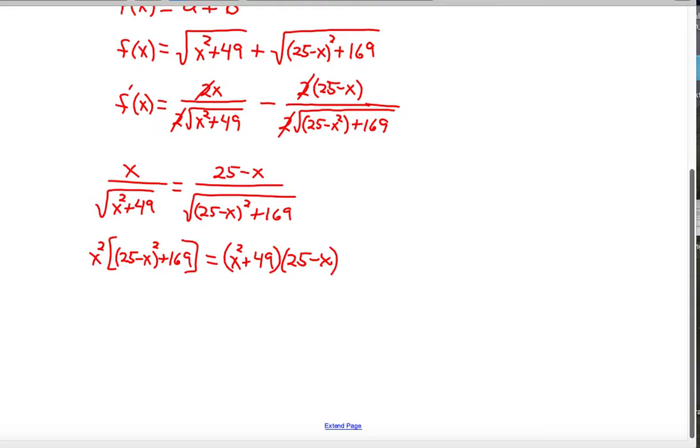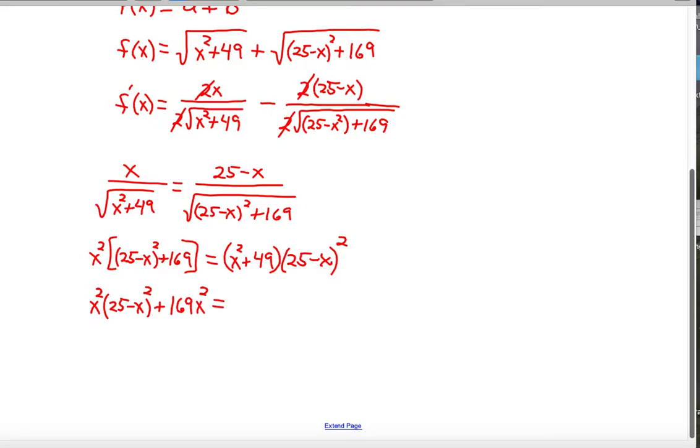And it seems like this is going to be a lot of calculating, but if I do this smartly, I'm going to notice, and this is going to be squared, because I'm squaring both sides first, then I cross multiply. All right, let me distribute the x squared on the left side. I'm going to get an x squared times 25 minus x quantity squared, and then x squared times 169.